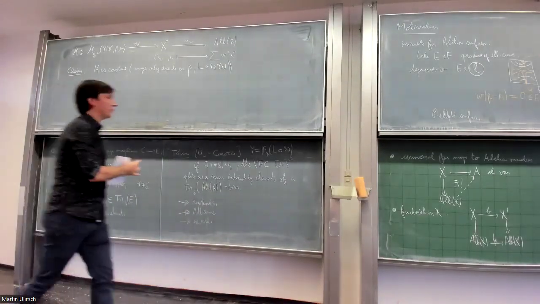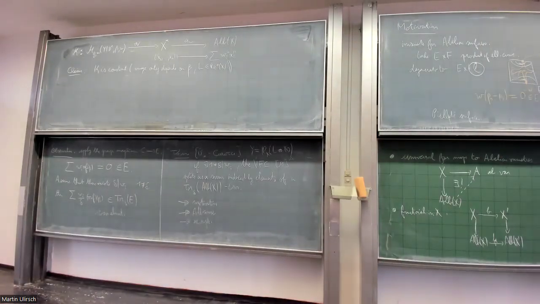Okay, then I have two things to say. Why is it constant, and what is the image?